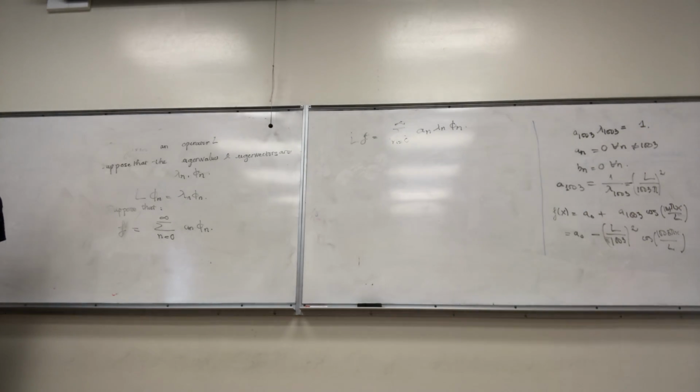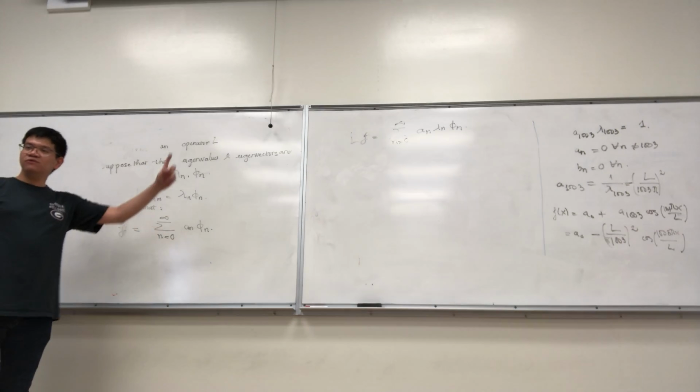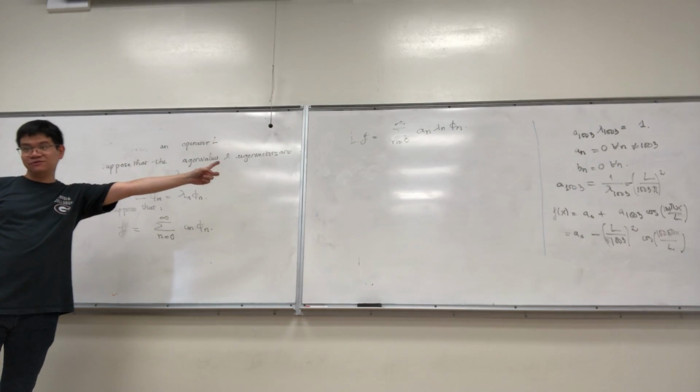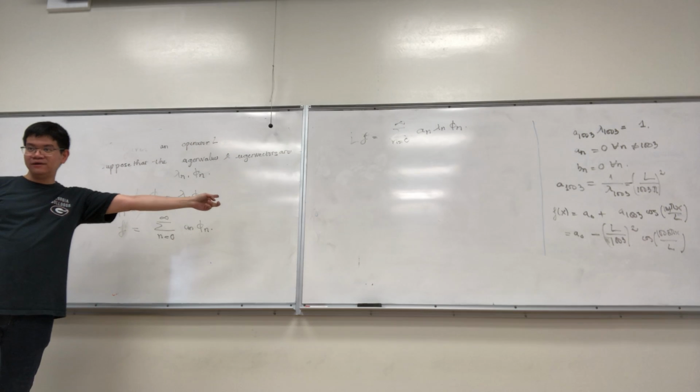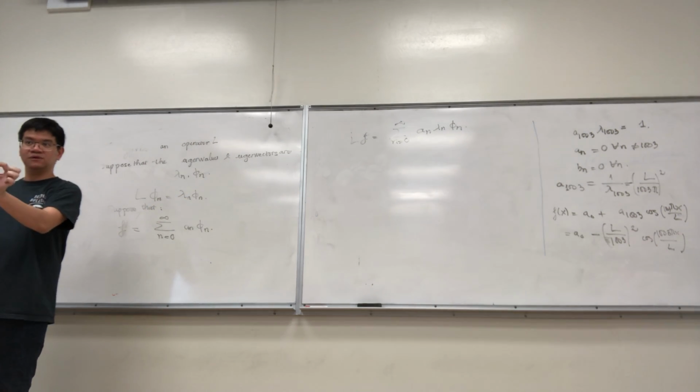N is going from 0. The other one is going from n equals 1 to infinity, but you can include 0, because 0 is also an eigenvalue, right?